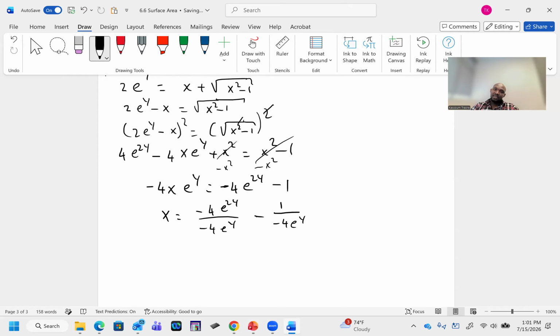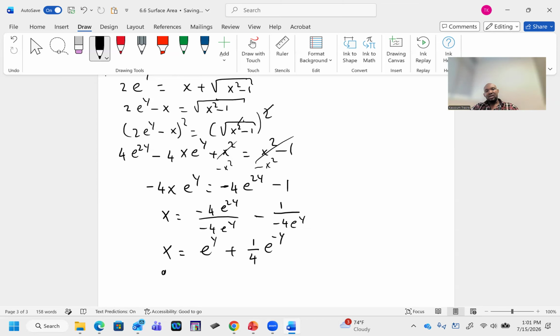So again, all of this is algebra. Don't spend too much time on this. It simplifies to just e to the power of y plus 1 over 4 e to the power of negative y. So this will be my g of y.